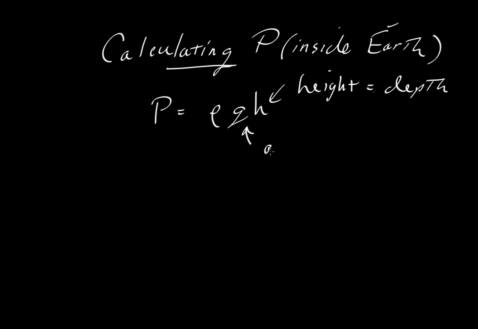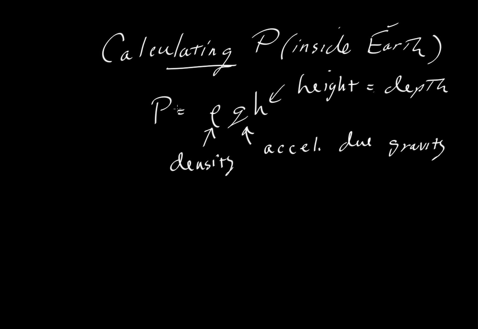And then g is the acceleration due to gravity. And then rho is the very common Greek symbol that we use to abbreviate density.